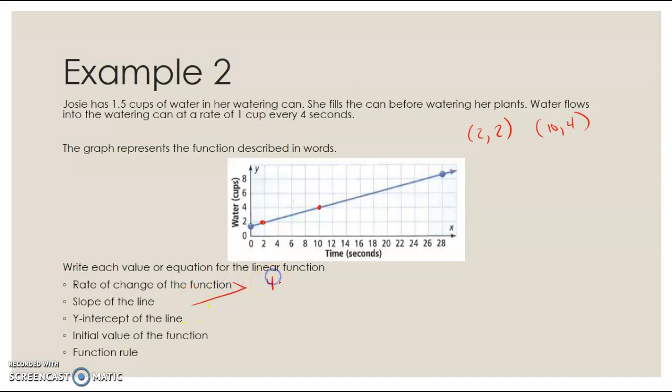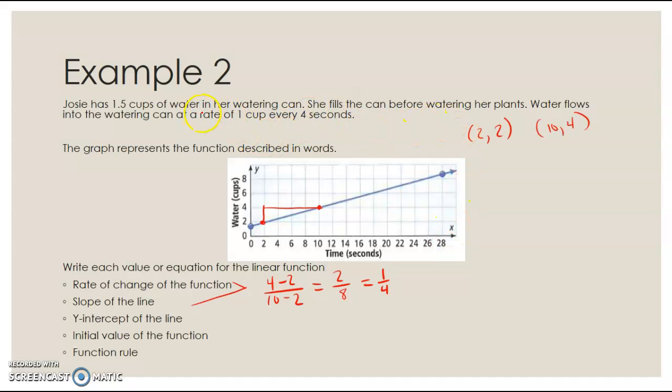I'm going to do 4 minus 2 over 10 minus 2, which gives me 2 over 8, which is equal to 1 over 4. Now, I got that from the graph, right? And I can even, because this is counting by 2's and that's counting by 2's, I went up 1 and over 4, so that's okay.